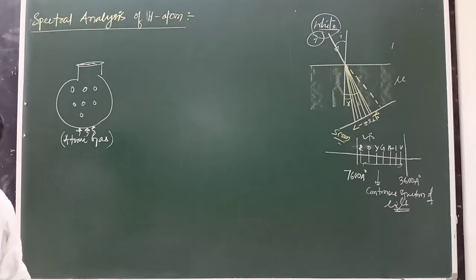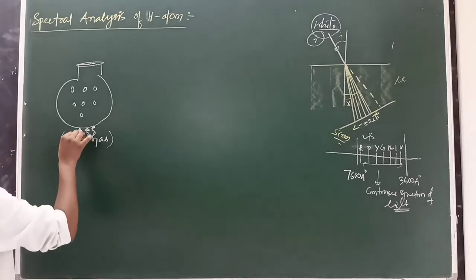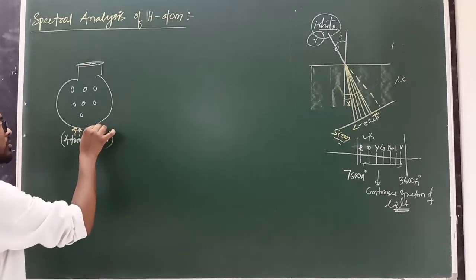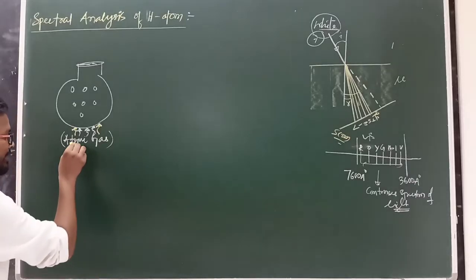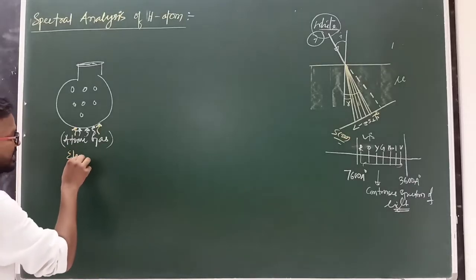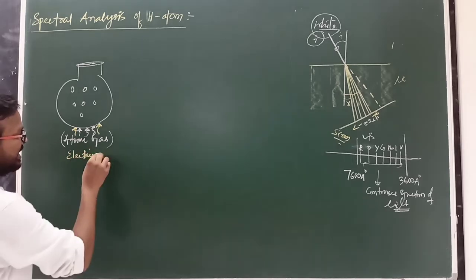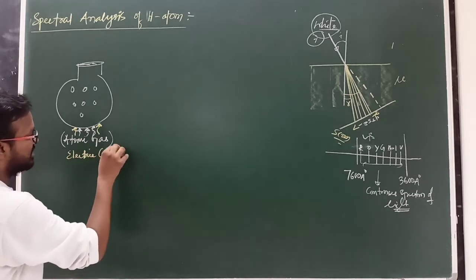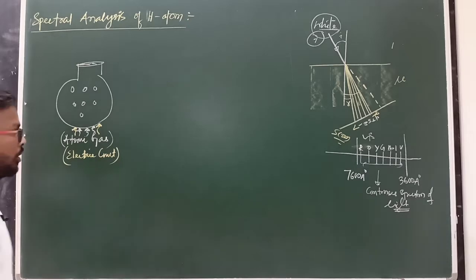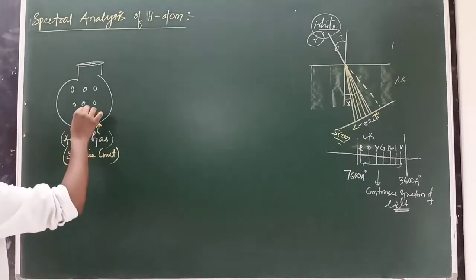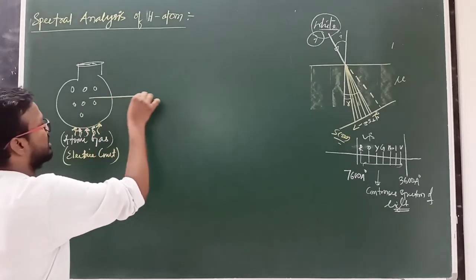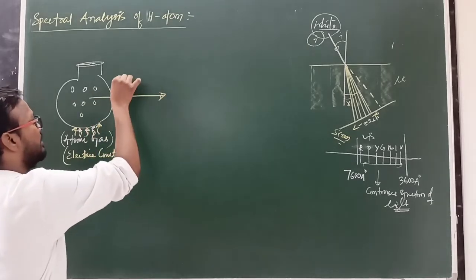Clear? To heat it we have to provide some energy, so we use electric current or electrical energy to heat the atomic gas. When you supply heat to the atomic gas, radiation takes place from the atomic gas. This is radiation of light.